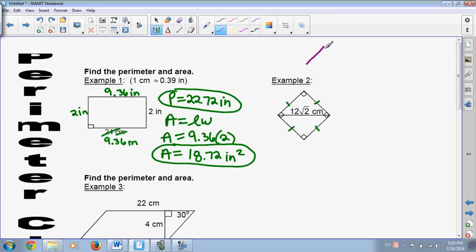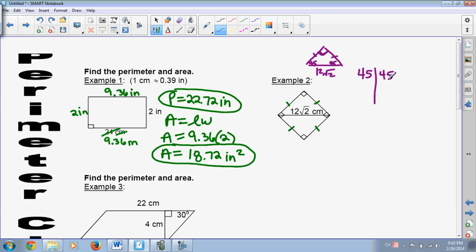So basically, it's making a triangle that looks like this on the top. So these 2 angles right here that are being cut in half are making 45-degree angles. And we know the diagonal is 12 square root of 2. So we have a 45, 45, 90 triangle.